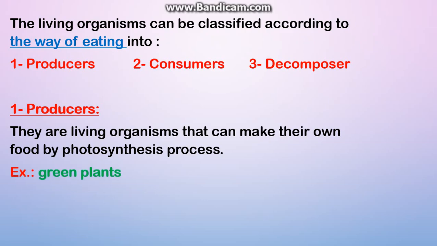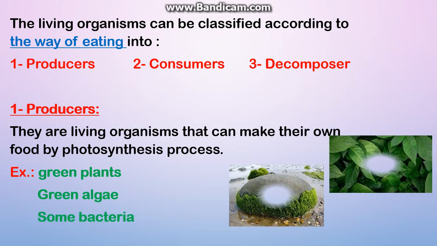For example, green plants, green algae, some bacteria. These are the green plants, and this is the green algae, which is a kind of plant that grows on one side of the rock.